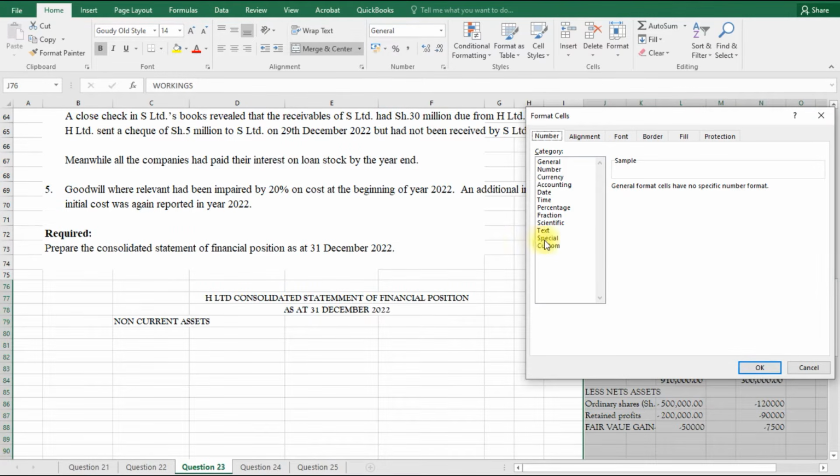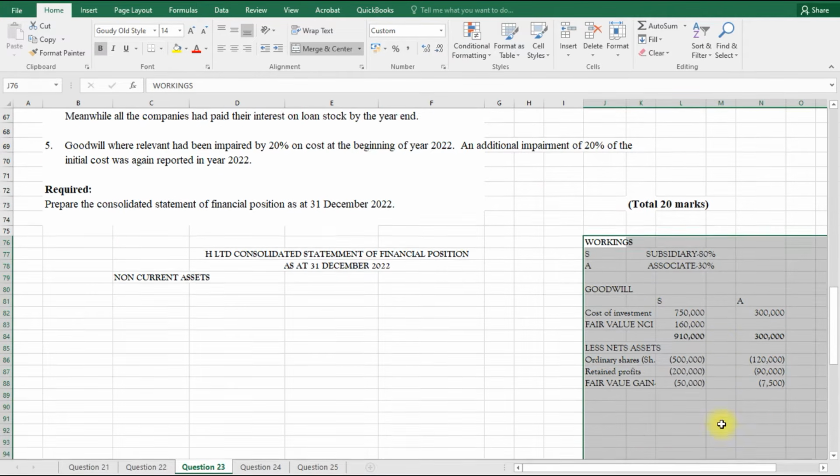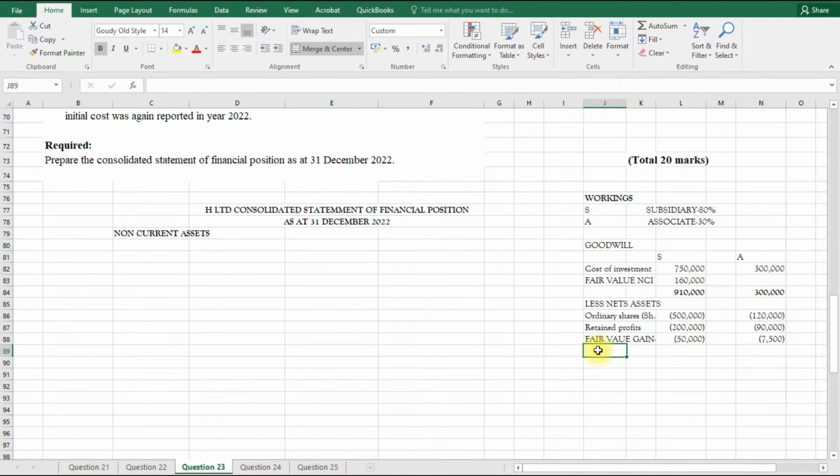So I'll custom format, and I'll use bracket and at the end bracket so that it captures the bracket. So that one is okay, and I'll get my goodwill on acquisition.